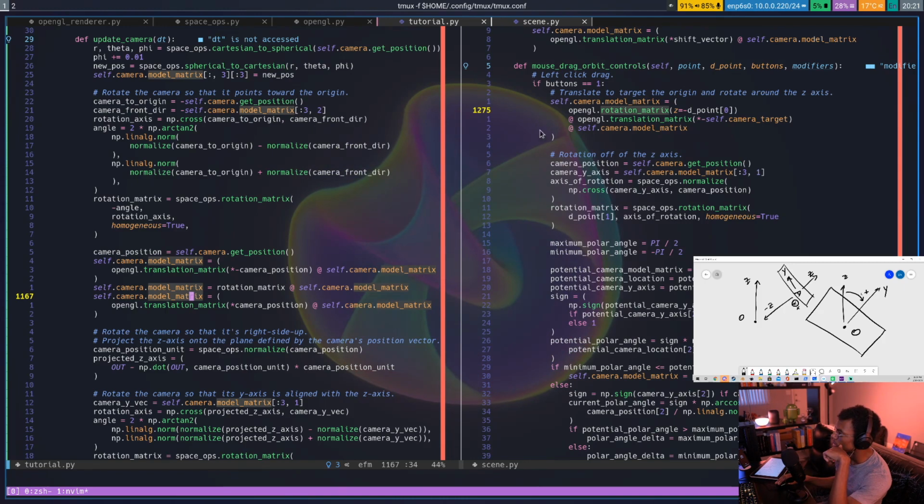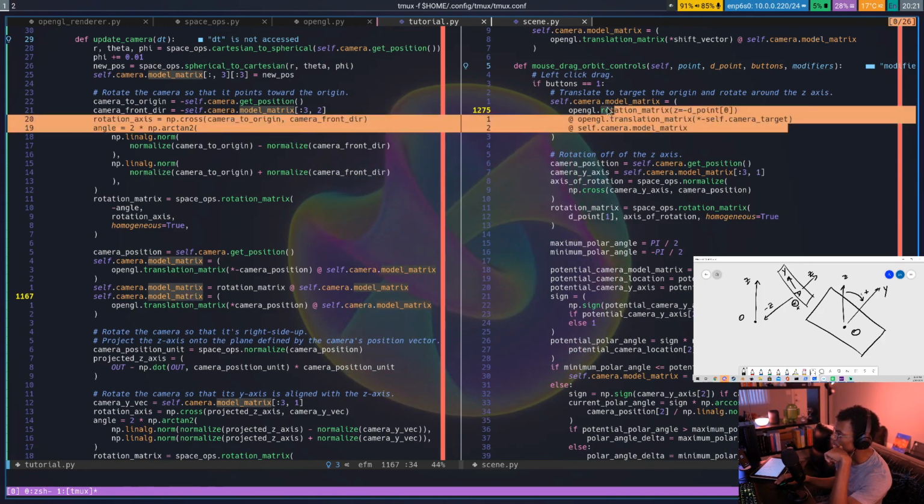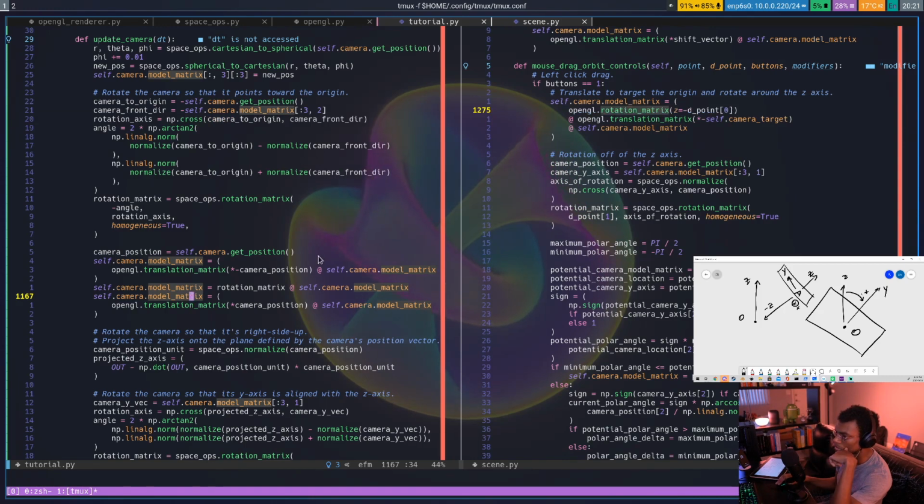Let's see. Oh no, I took the model matrix, translated it, then rotated it. Which is fine.